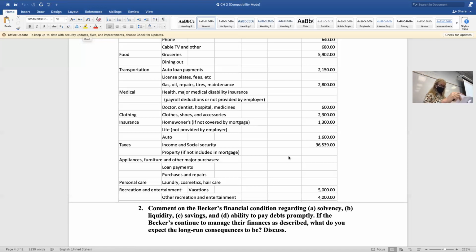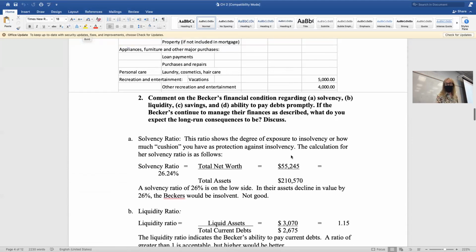All right, so let's go through these questions then. Okay, so the solvency ratio. What is their solvency ratio? Brianna, what'd you get for that? I got 26.24. Yeah, 26.24. So the solvency ratio is right here.